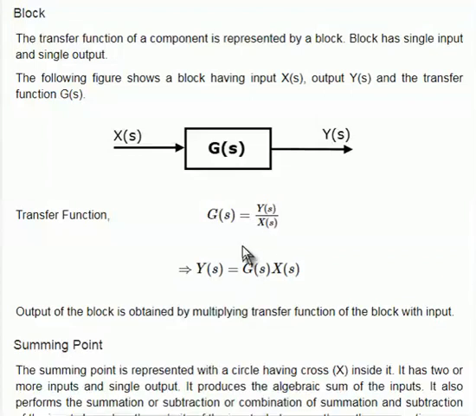So what does it represent? Y of S is the output of this block diagram. The output of the block diagram is obtained by multiplying the transfer function of the block with the input. This is very important.